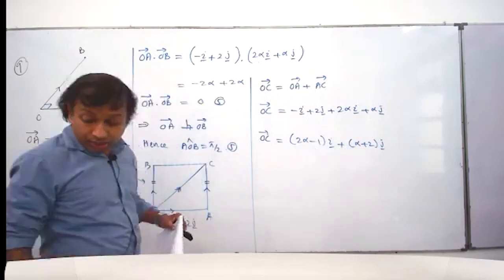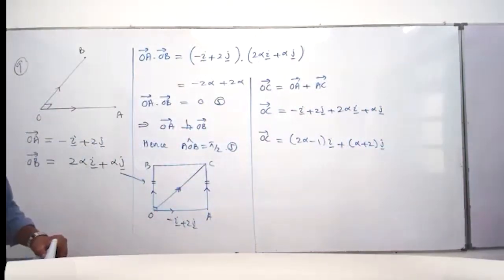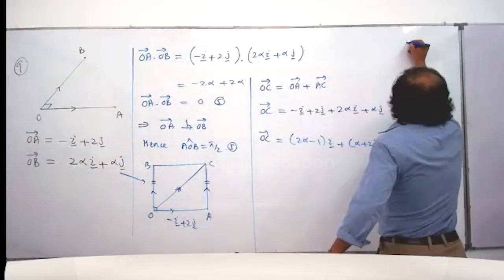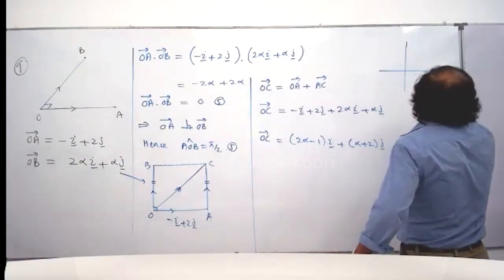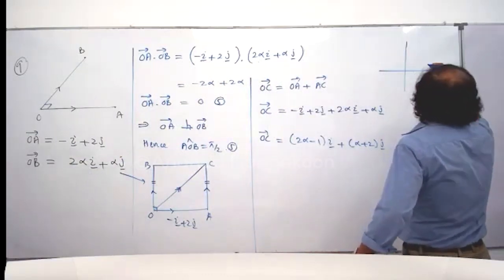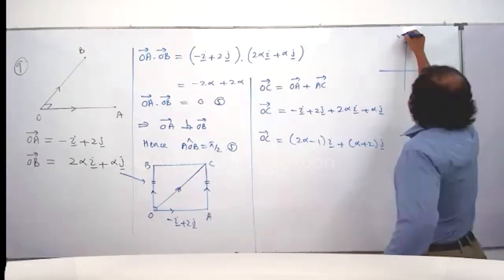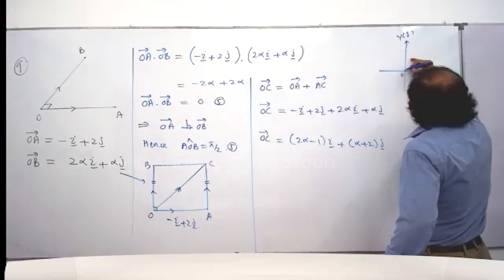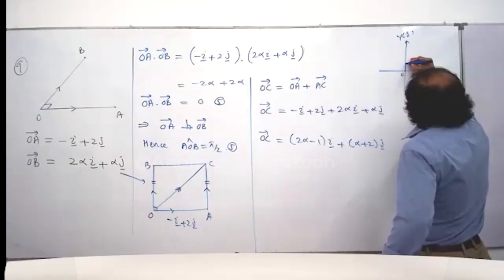Now, OC lies along the y-axis. People, suppose in the OXY Cartesian coordinate plane, x-axis unit vector i, y-axis j, the vector starting from O lies along the y-axis.